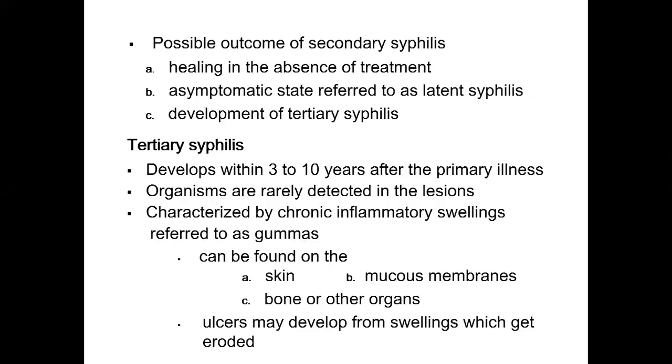Some people call them syphilitic gummas, to differentiate them from other chronic inflammatory swellings, and they can occur on the skin. They can involve the mucous membranes, and they can involve the bones or other organs. And then the ones on the skin, from time to time, can get eroded. And when they get eroded, the person develops an ulcer at that site.